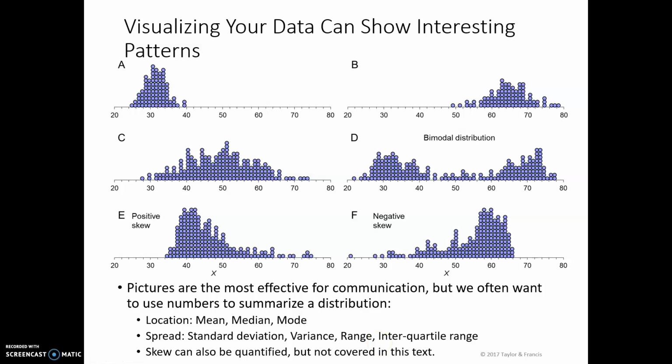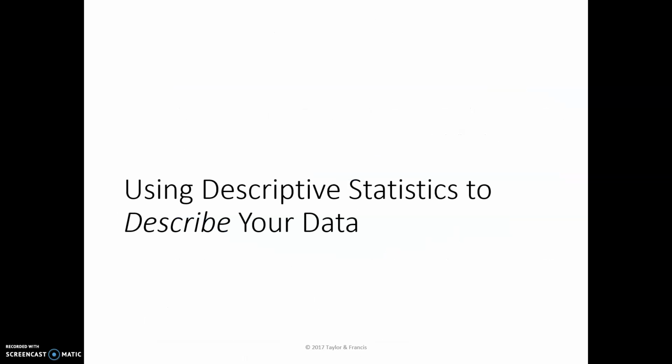Skew is often indicated by a metric called kurtosis. You can actually find a measure for kurtosis in Microsoft Excel, but we're not really going to talk about it very much. You should know what skew looks like, but I'm never going to teach you how to calculate a kurtosis measure. So now let's take some time to talk about using descriptive statistics to help describe your data.